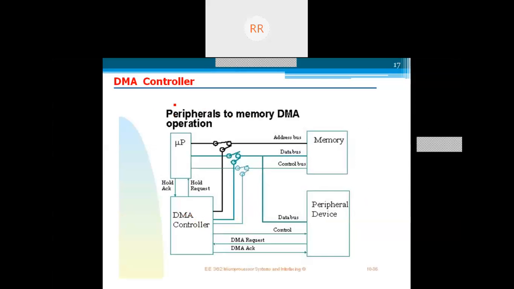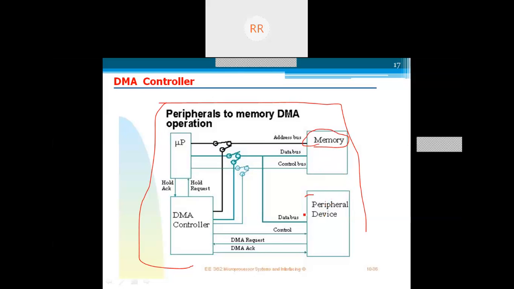We'll see the generalized DMA we have studied in our computer organization subject. If you want to bulk transfer data from a peripheral device to memory, memory to memory, or memory to peripheral devices, the data can be transferred, whether it is huge data or a block of data. Either way, we can make use of this DMA controller.